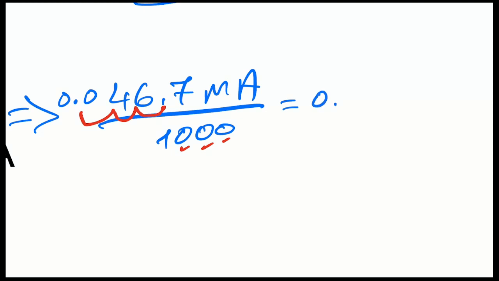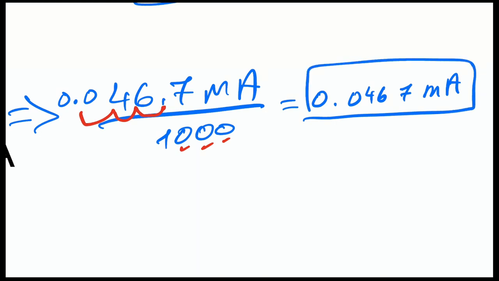And that was 0.0467 milliamps. Okay. The other way to write this down is in scientific notation. For scientific notation, you're always doing 4.67. This is the base of the scientific notation, multiplied by 10 to the power of something.